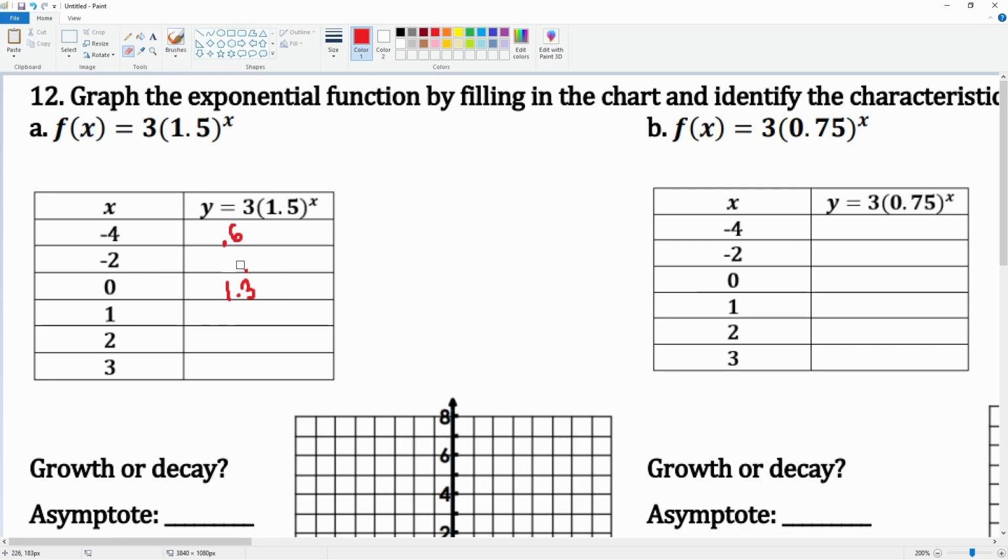So let me clean this up, this was wrong. -2 is 1.33. 0 is 3. 1 is 4.5. 2 is 6.75. And 3 is 10.1.